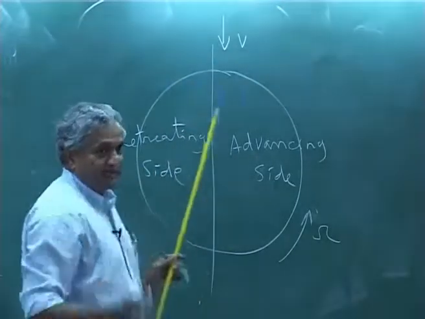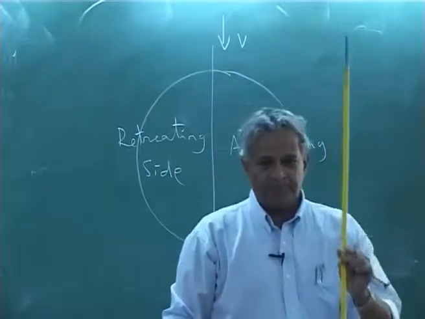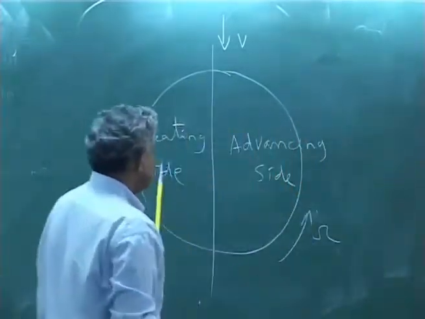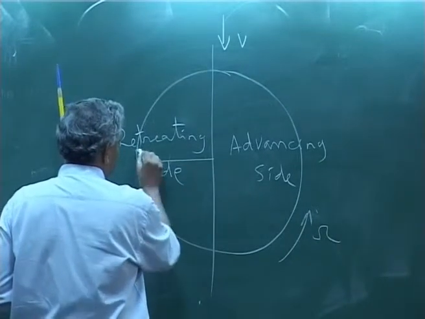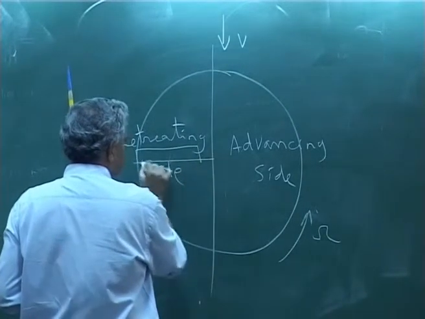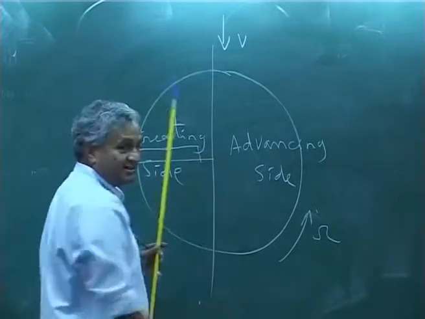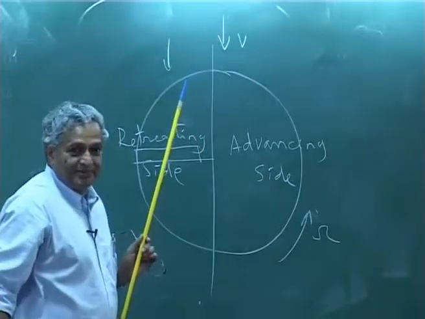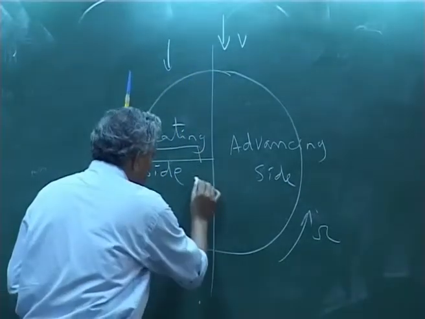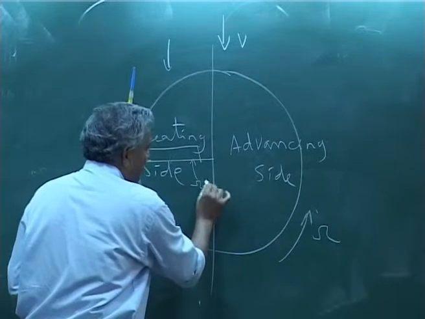Advancing side, retreating side, it is two halves. But in the retreating side, what happens? The blade looks like this, please understand. Okay, this is the leading edge, this is the trailing edge, this is the velocity V coming, and this is my omega r.